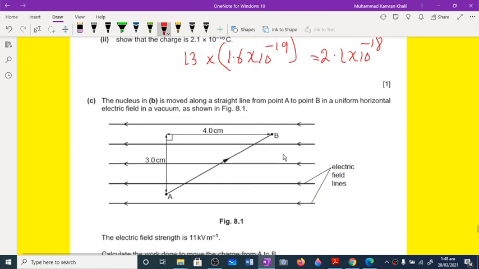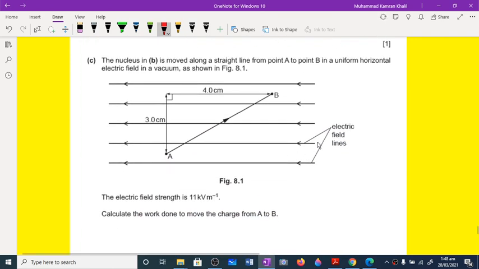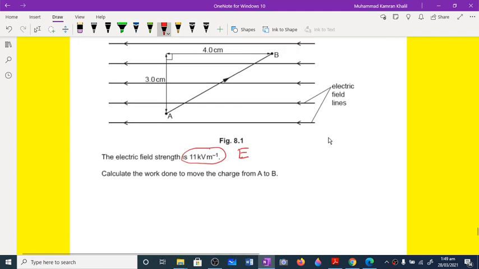The last part related with this, he has connected this with the electric field. So now he is saying that the nucleus is moved along a straight line from point A to point B in a uniform horizontal electric field. The electric field strength E is given. How much work is done? So what we will do, we will write down the formula.